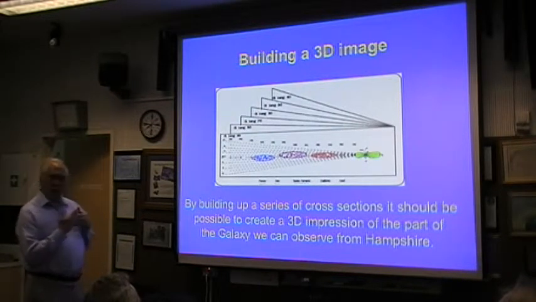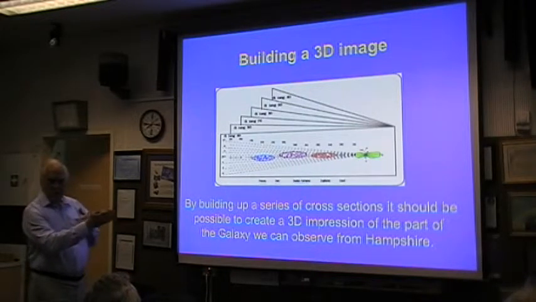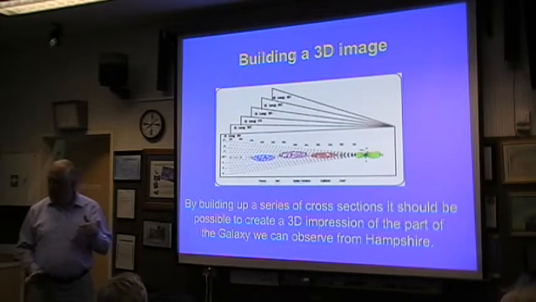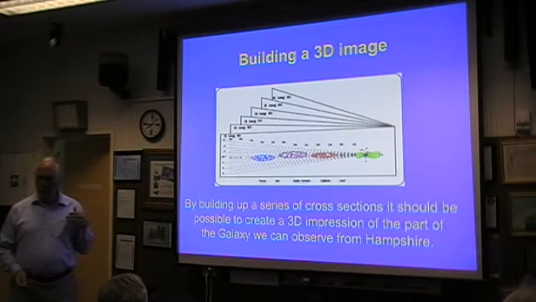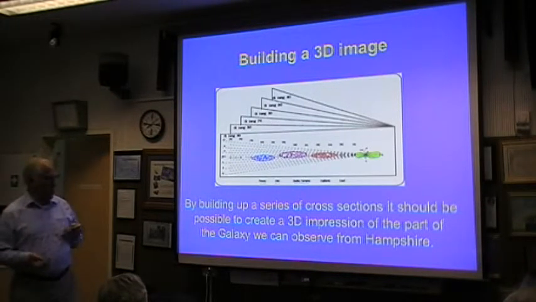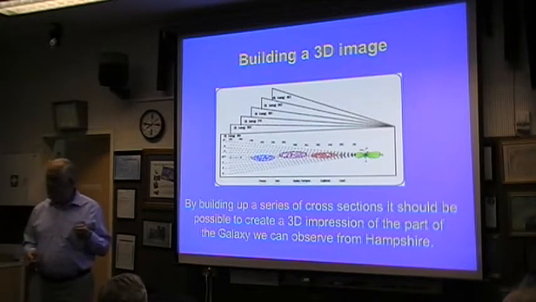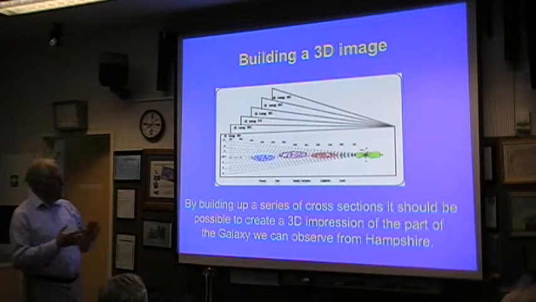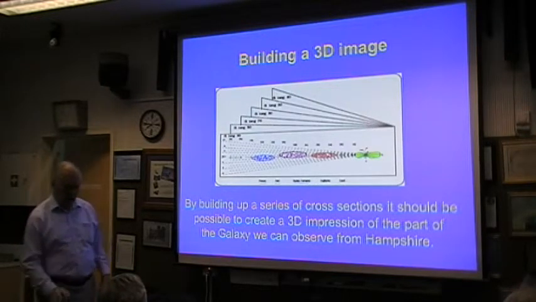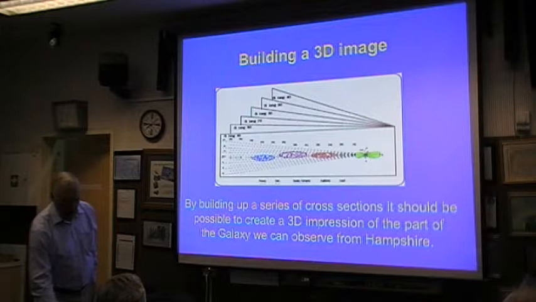If you were to do that for different longitudes in slices, you could build up at least an artist's impression of what the galaxy looks like. It would have been lovely to get to the stage where we could put it into a 3D printer, but we ran out of steam at that stage. But you can see that you can find out quite a lot about how the galaxy moves just using a little dish in the backyard.